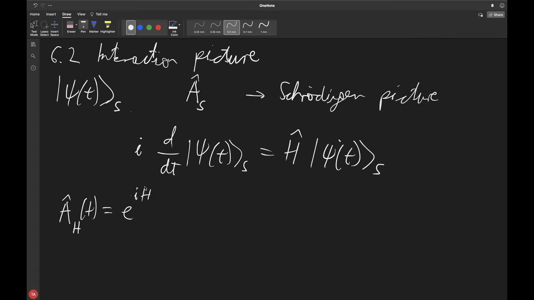So e to the i H t, which was the U dagger, and then we had the A_S operator, the same as here, and then we had the U, which was e to the minus i H t, and the states were just called psi H.